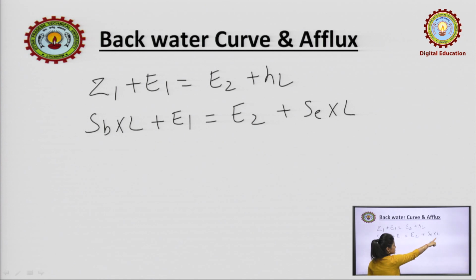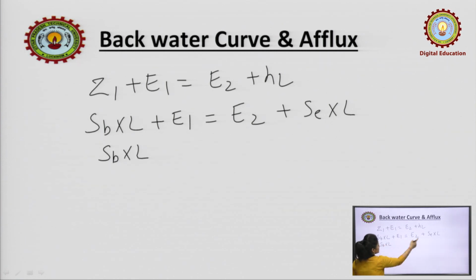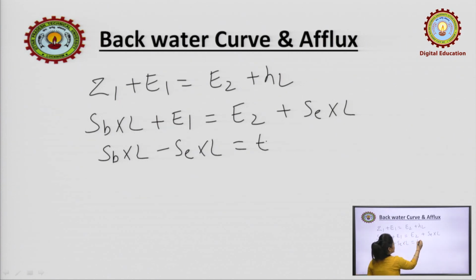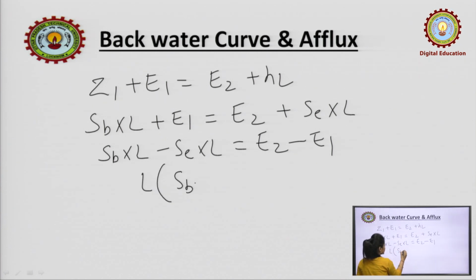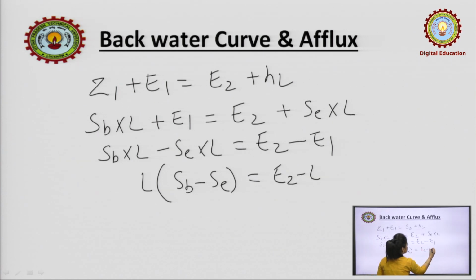Since we need to calculate L from the basic equation, we take the like terms to one side. This is positive, it will be negative. L into (SB minus SE) is equivalent to E2 minus E1.